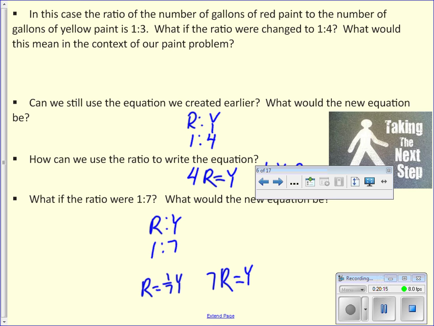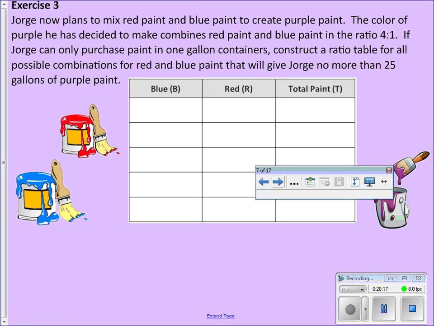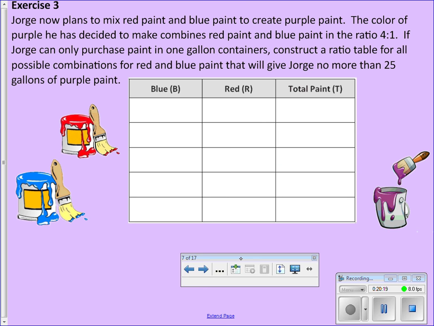Good. Very good. So very quickly, let's fill in this table for purple paints. Okay, so here's the ratio for purple paint, ladies. We're at the bottom of page 52. So at the bottom of the page, the ratio, now be careful, here it says red to blue is 4 to 1.